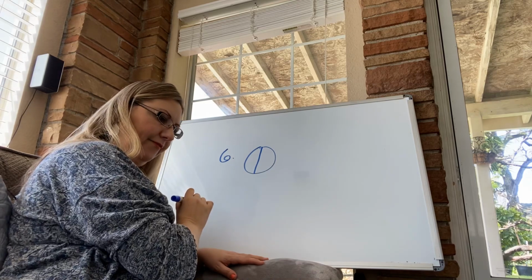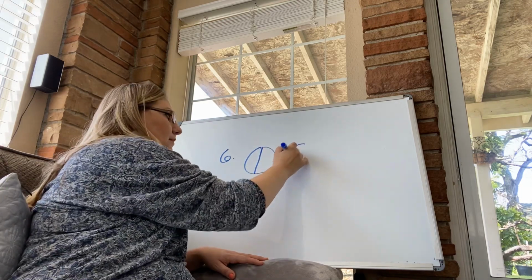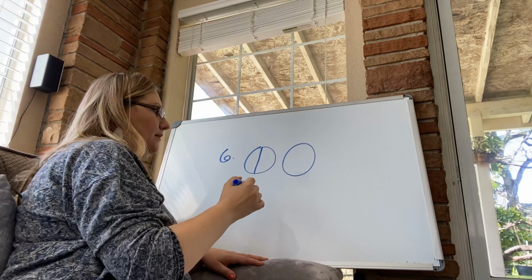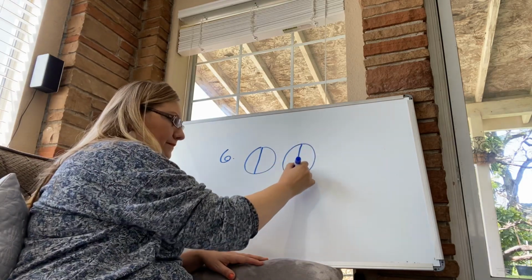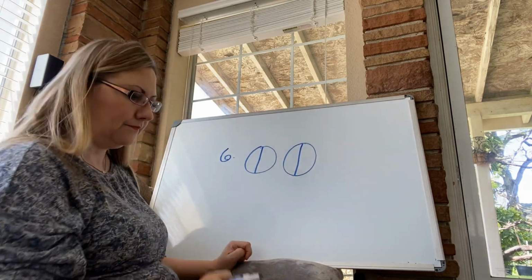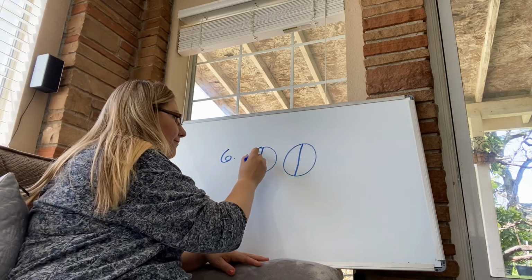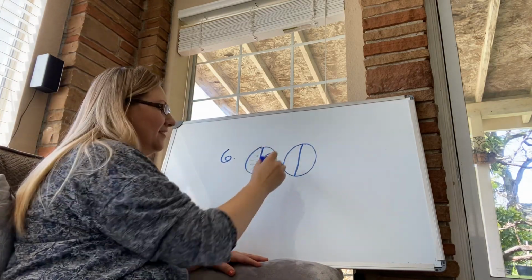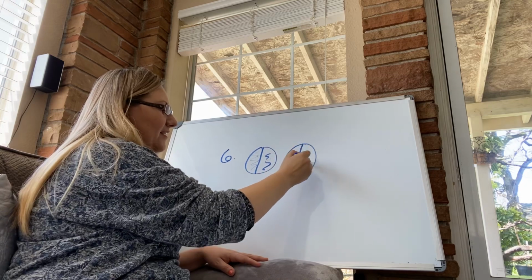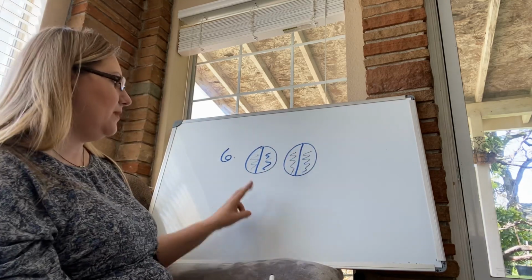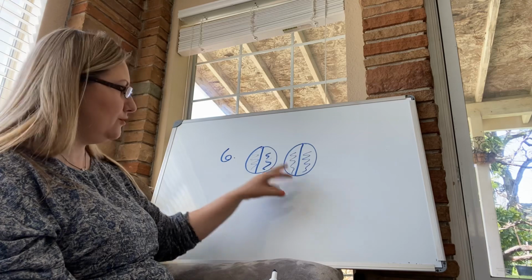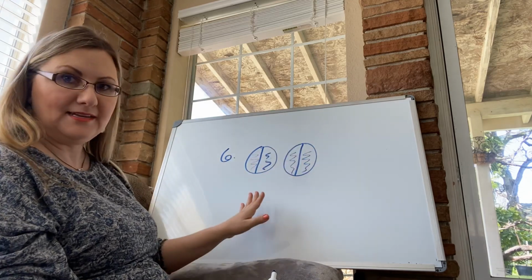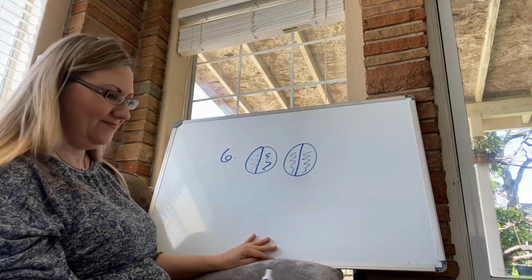So this is a half. Okay. Here's a half. Here's another half. Here's another half. Here's another half. So how many halves equal 2 whole pieces that are completely shaded?